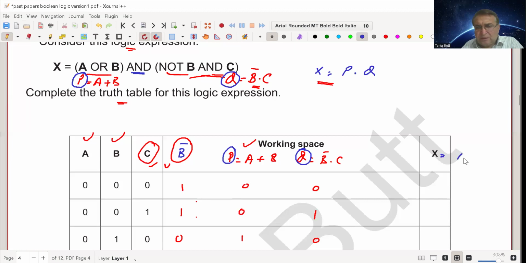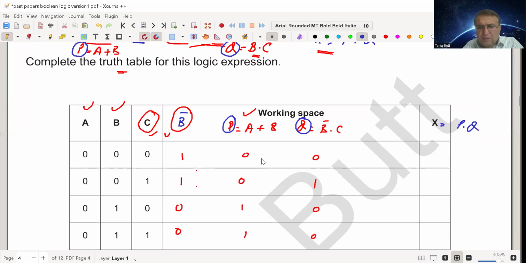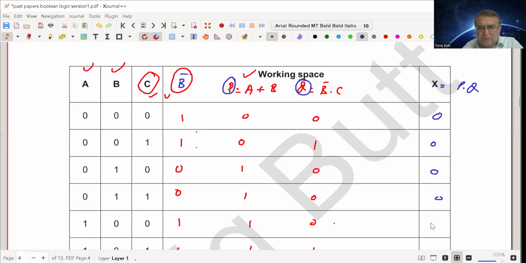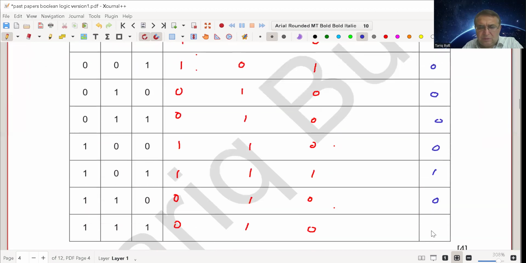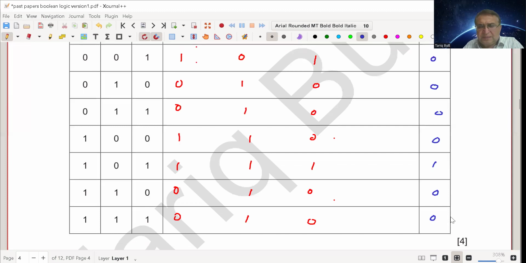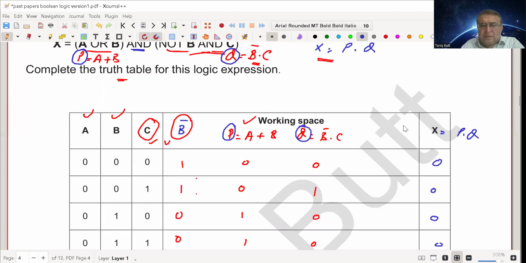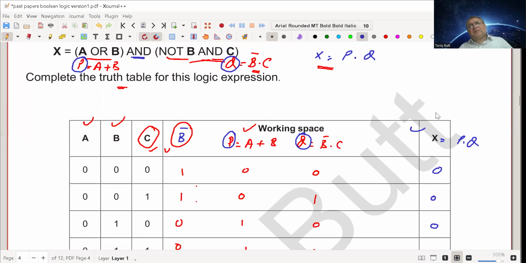Now you have to AND these two columns, P and Q. 0 into 0 is 0, 0 into 1 is 0, 1 into 0 is 0, 1 into 0 is 0, 1 into 1 is 1, then 1 into 0 is 0, and that's it. So this is the truth table for this particular question. I hope it is clear. Let's move to the next question.